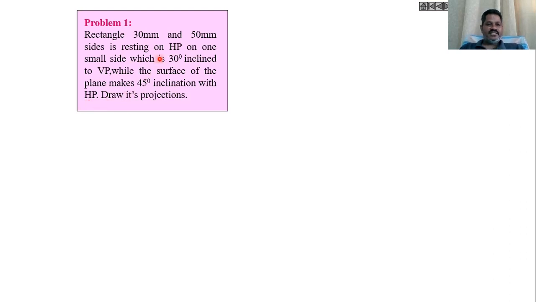So the rectangle is 45 degrees inclined to HP, and one of the small edges is making 30 degrees inclination with VP. This is the condition.